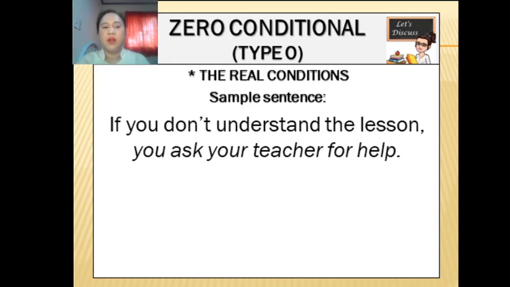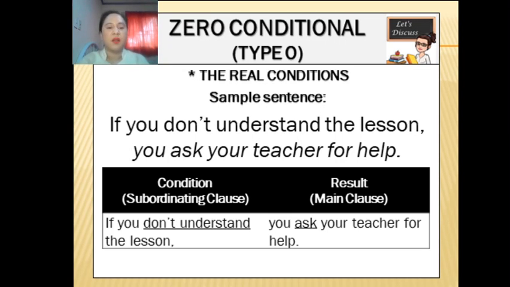Now, this is a real condition because it is common knowledge that if you don't know or understand the lesson, you go to your teacher and ask for help. Now, let's take a look at its structure or grammatical components. "If you don't understand the lesson" is our condition, therefore, we should use the simple present form.